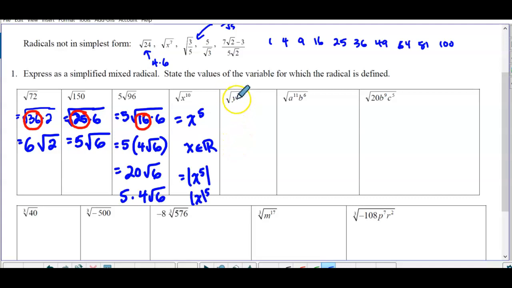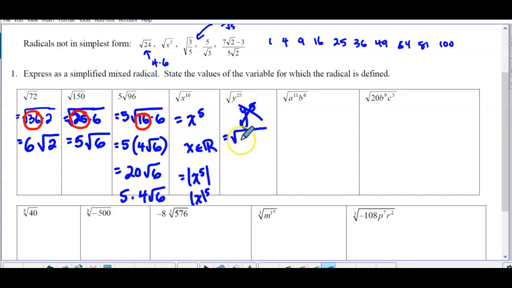Here, square root of y to the 25th. Don't get confused here. It is not y to the 5th, right? If you said y to the 5th, this would be x to the 5th. How are those the same with a different exponent? Square root means you have to divide 25 by 2, which you can't do. So this is what you have to do for these ones. You split up into two factors, just like you did here with the numbers, with the biggest perfect square that's a factor of y to the 25th.